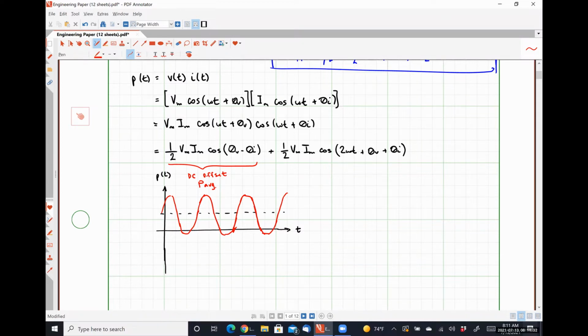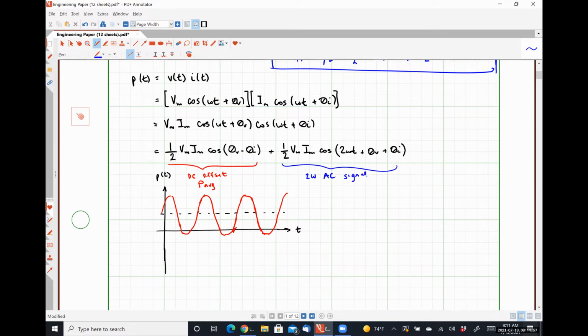Then this big part right here represents a superimposed twice omega AC signal, right?